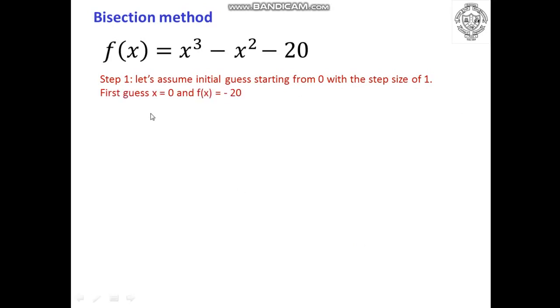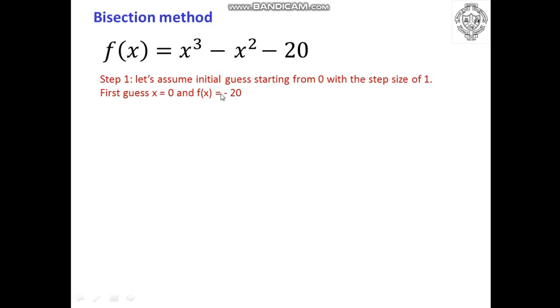So we will assume the first guess as x is equal to 0, and to find f of x, we will put the value of x as 0 here. So 0 cube minus 0 square minus 20 will give you the value minus 20.